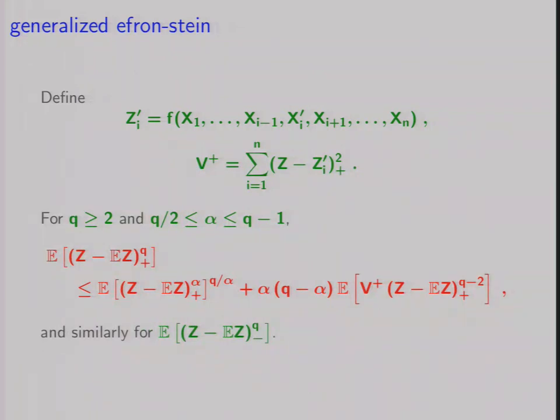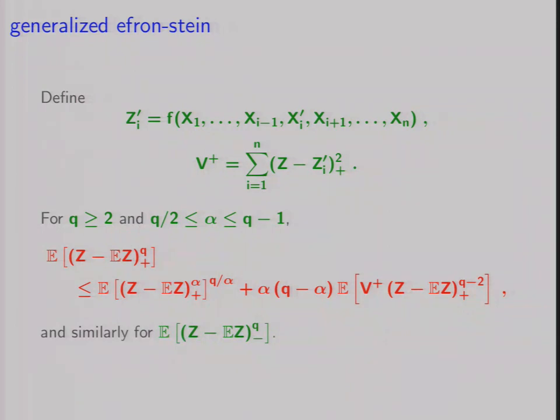Now, what this says is that the qth moment of this random variable can be bounded by something where alpha is less than q minus 1. So this is a lower moment of the same random variable. And here we have this guy, V plus, and Z minus EZ to an even smaller power. Okay?